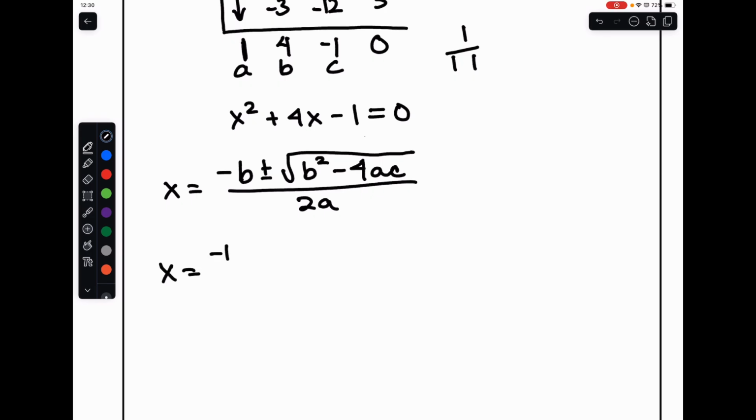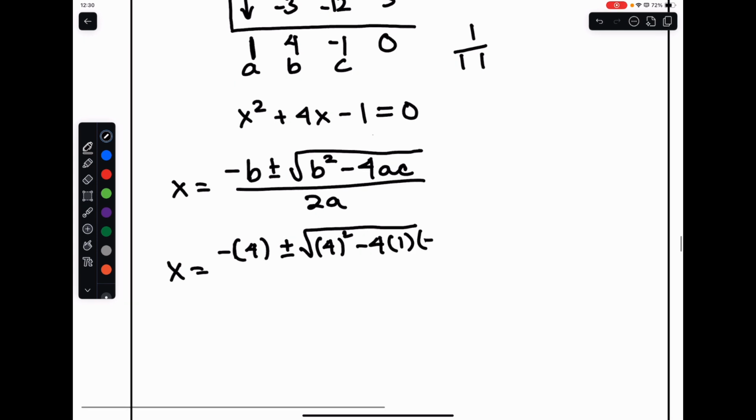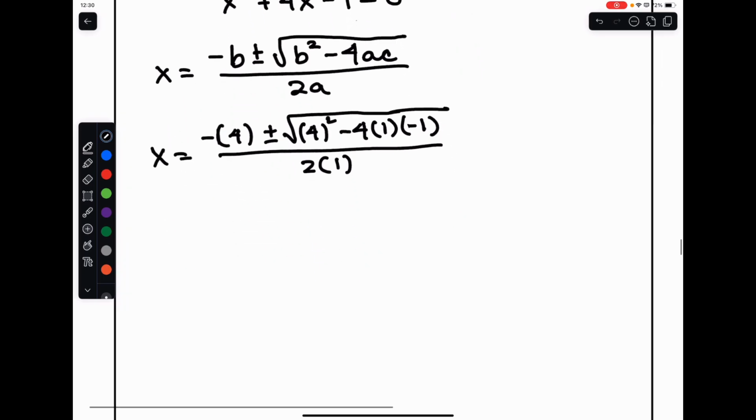So negative B is our value of 4, so negative 4 plus or minus the square root of 4 to the second power minus 4 times A times C, or negative 1, which is our C value, and divided by 2 times our value of A, which again is 1. So let's simplify this. The negative of positive 4 is negative 4.